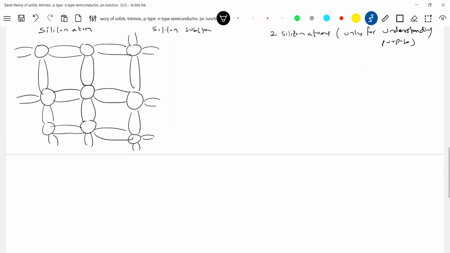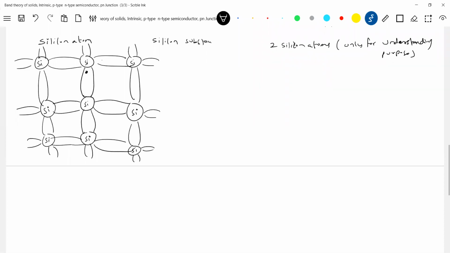So this is a silicon atom. It's a tetravalent atom, with 4 valence electrons in the outermost orbit. It will share its outermost 4 valence electrons with the adjacent silicon atom and form a covalent bond.